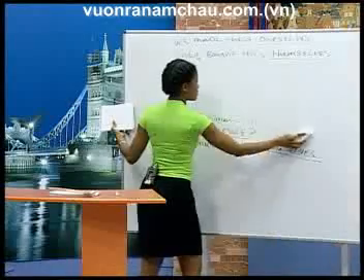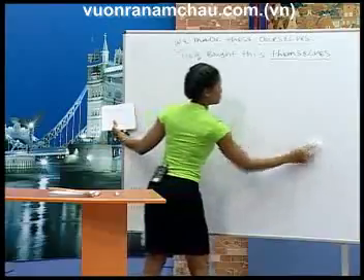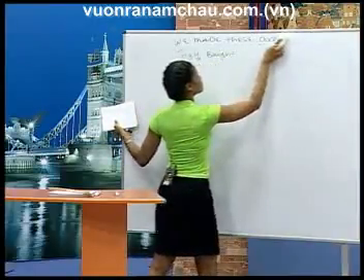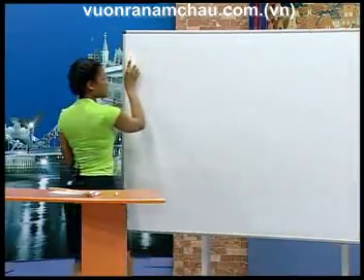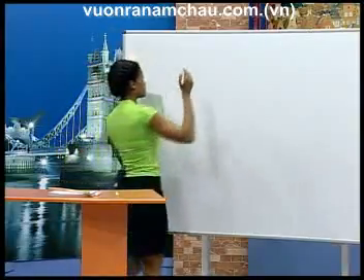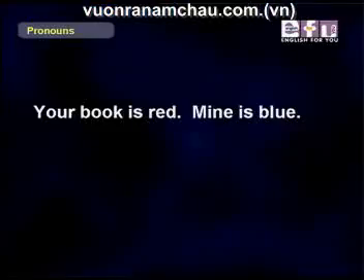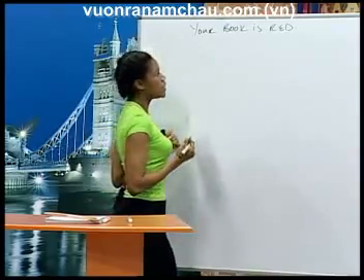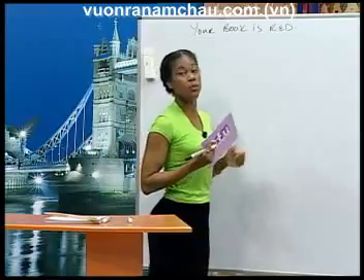These are new to you, so we need to practice them. Follow these examples. Your book is red. We know now we're talking about a book.